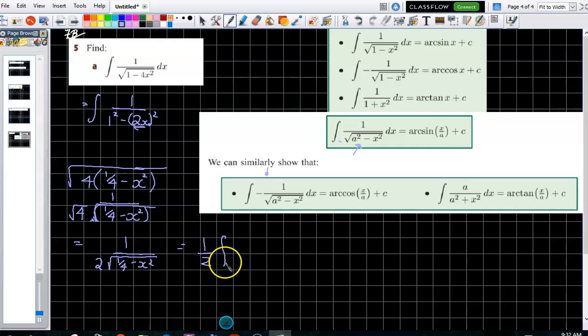I like to keep it out. Some people put it on the inside, I don't really care. But you're just using a little bit of algebra to fiddle, to make it fit the rule. Does that make sense? If you get stuck, call me over, but we'll keep on trucking.